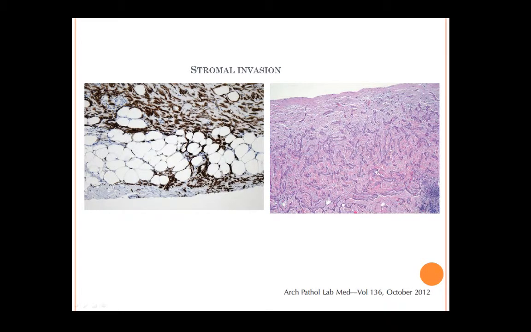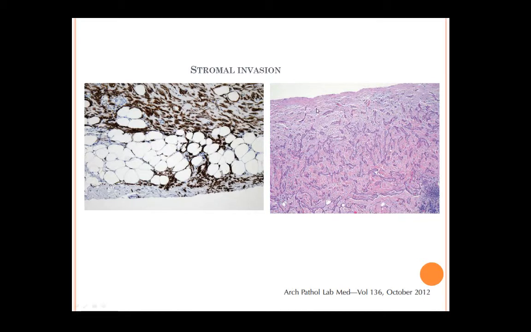The definitive diagnosis of mesothelioma is based on stromal invasion, and fat is the most frequent stroma. Cytokeratin stain usually highlights the distribution of mesothelial cells into the fat and can highlight subtle invasion when it is not apparent on H&Es.